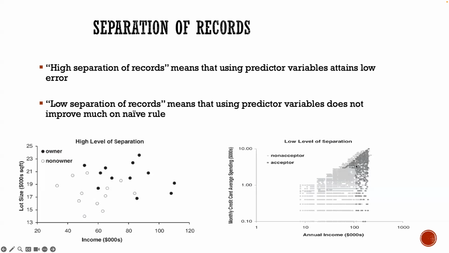There's a difference between the two, relatively easily distinguished. But as we get to the higher values around this point, it becomes relatively difficult to separate, because there are some non-acceptors who have high annual income and high monthly credit card average spending, and there also are several acceptors in the same place. So there are both kinds of data sets that we can have, low separation and high separation types.